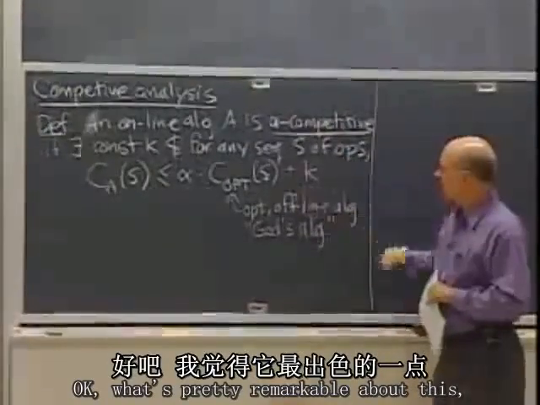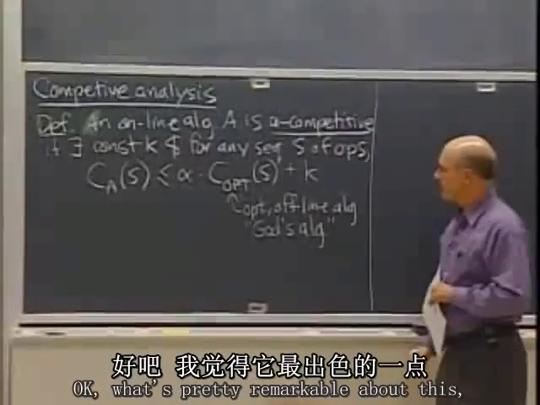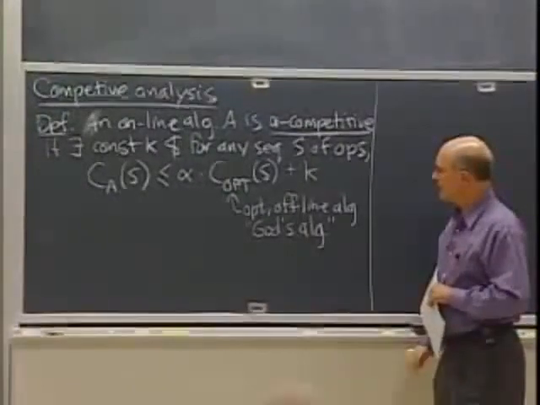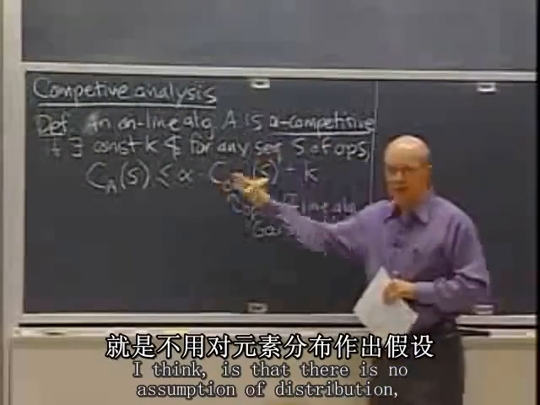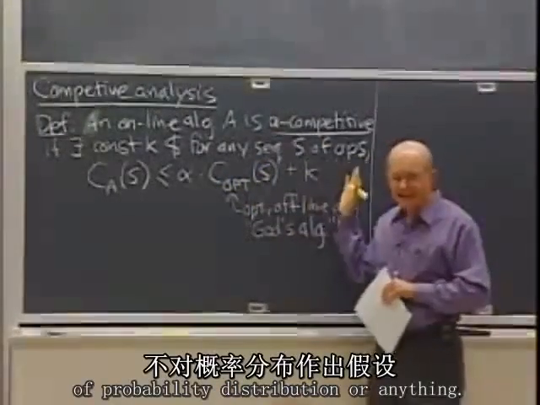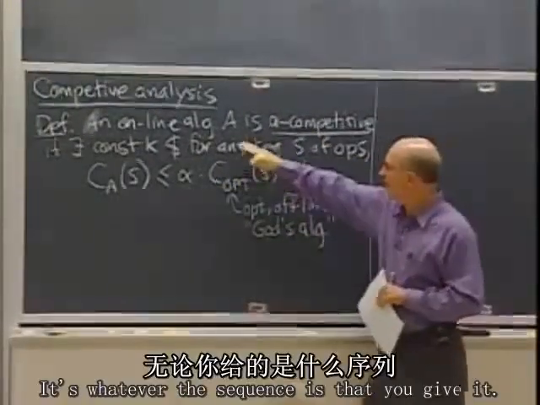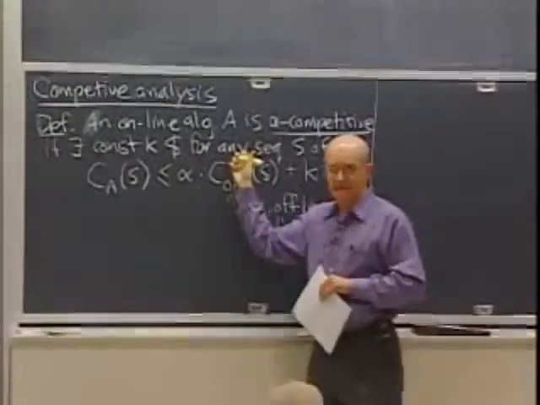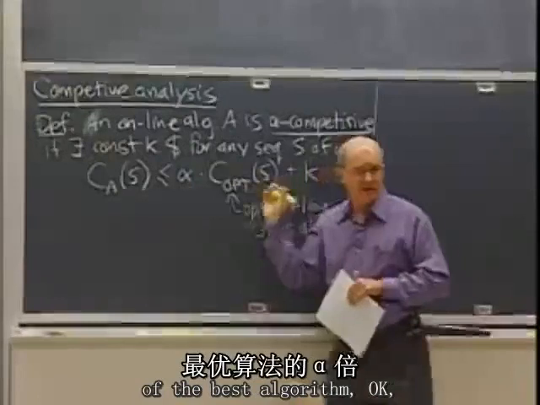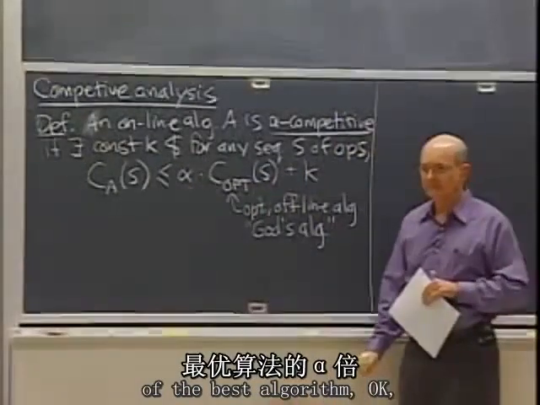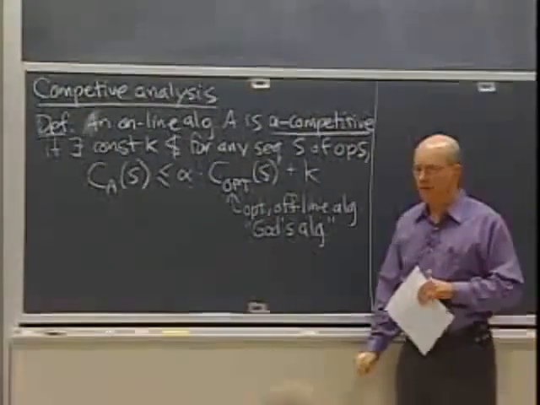What's pretty remarkable about this, I think, is that there's no assumption of distribution, of probability distribution or anything. It's whatever the sequence is that you give it, you're within a factor of alpha, essentially, of the best algorithm. Okay, which is pretty remarkable.